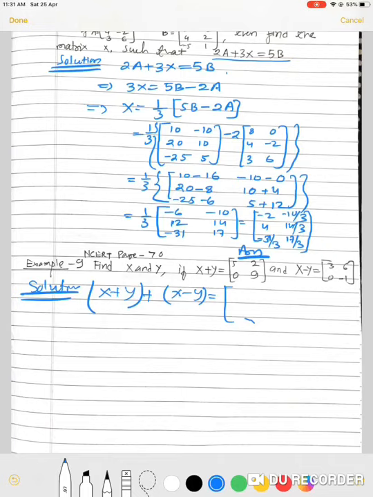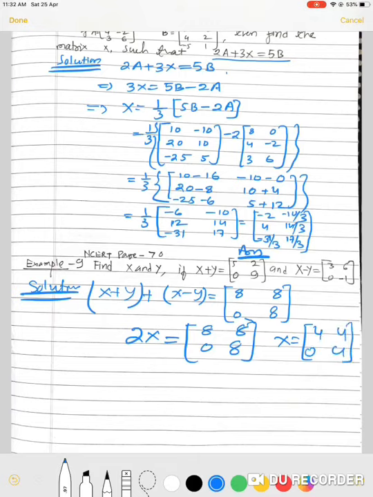We get here 8, 8, 0, 8. 2X is equal to 8, 8, 0, 8. So here X is equal to 4, 4, 0, 4.